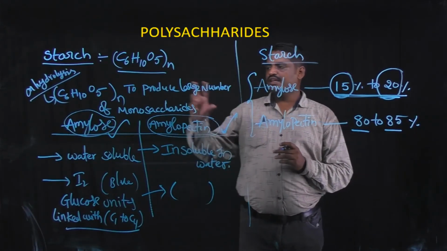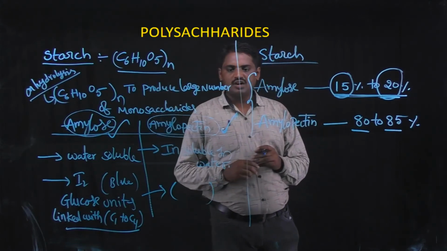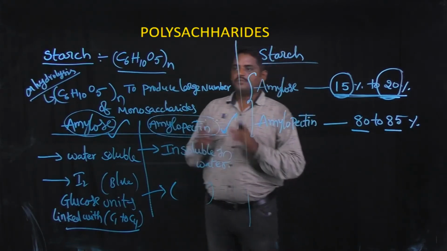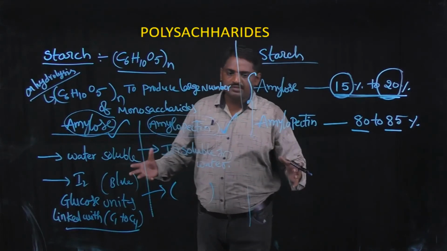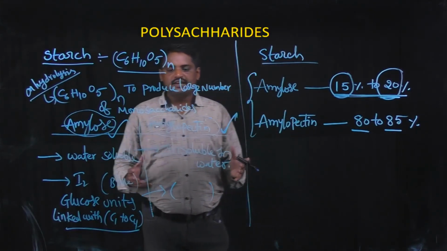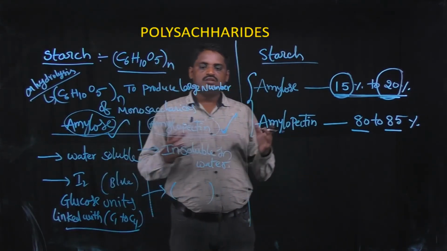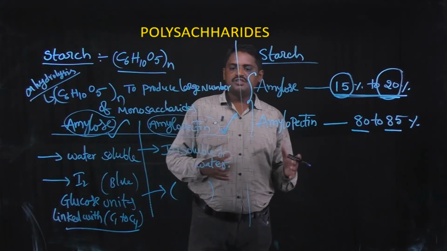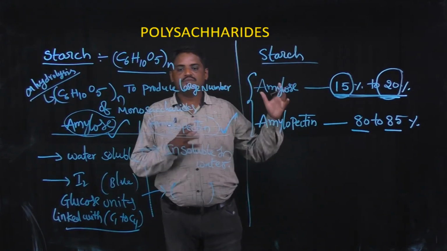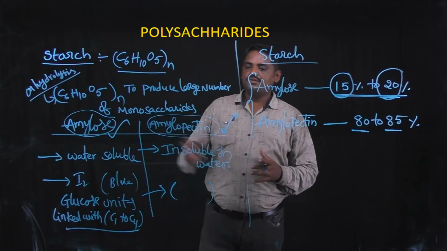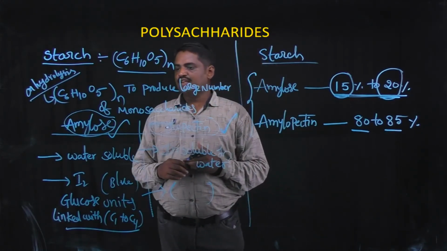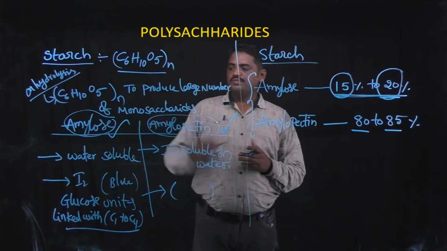Once again, to repeat these points. Starch is a polysaccharide. What is the meaning of polysaccharide? A polysaccharide is a molecule that, in the presence of water, dissociates into multiple units. This type of saccharide is known as a polysaccharide. One example is starch.